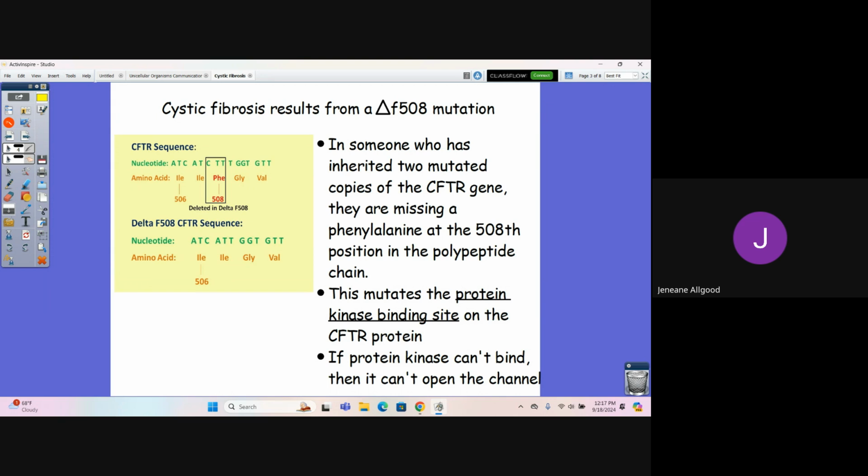And what it actually ends up mutating is the protein kinase A binding site. So remember, without that phenylalanine there, it's probably missing some kind of bond. So it's going to change the overall 3-dimensional shape that protein or polypeptide folds into. And the actual part of the CFTR protein that gets mutated is the place where protein kinase is supposed to bind.